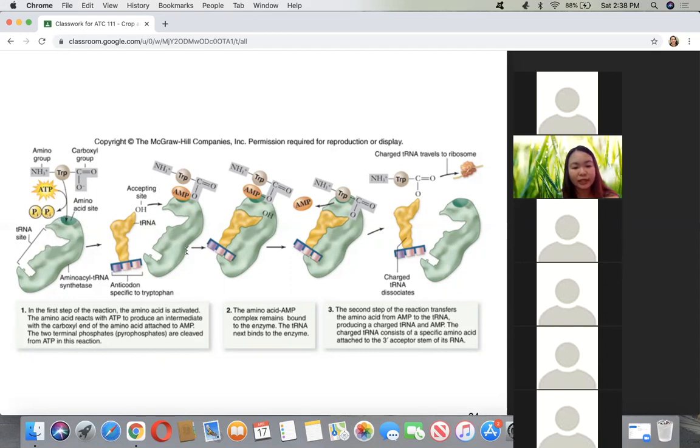In the second step, the amino acid remains bound to the enzyme. Then it reacts again, transferring the amino acid from AMP to tRNA, until the amino acid is attached to the 3' acceptor stem of its tRNA.